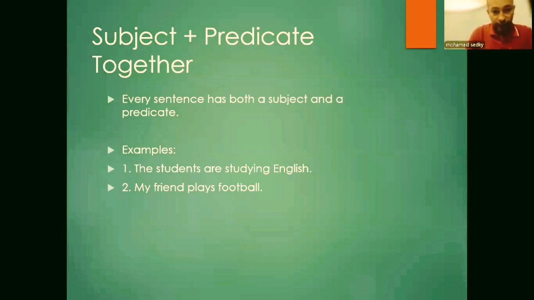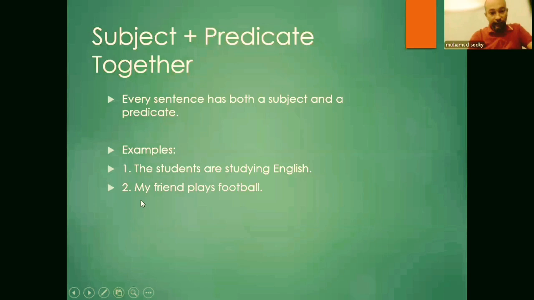Here we can see who studies English, so it would be the students. So we're able to find the subject. What are those students doing? They are studying English. So in this case, we are completely informed about the doer of the action and what this doer, or this subject, is doing.